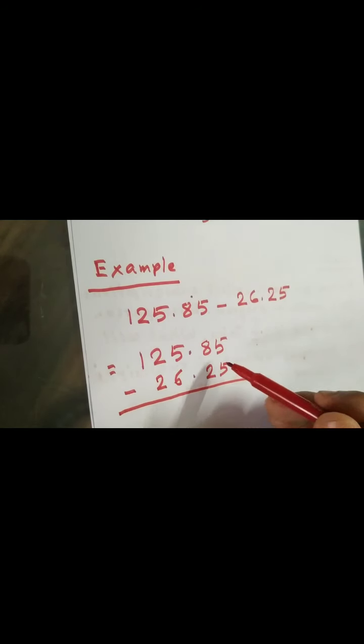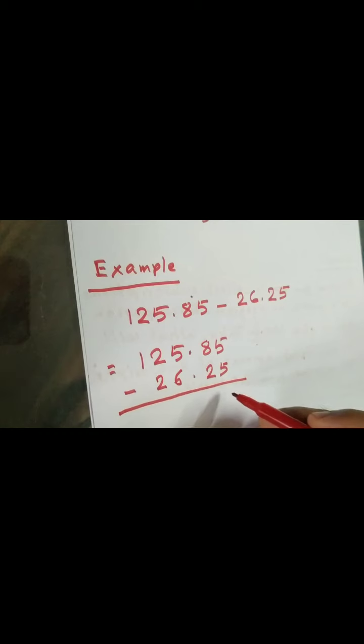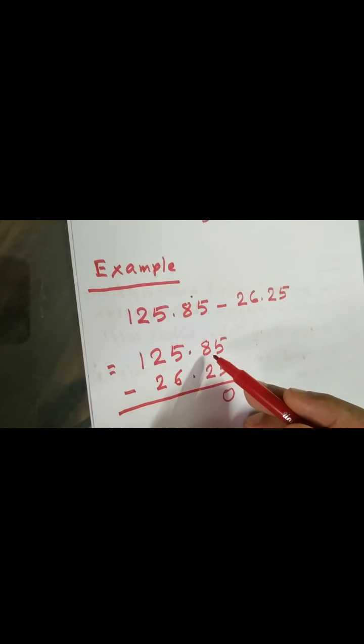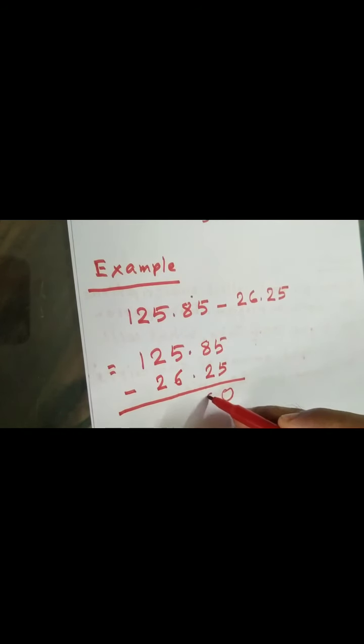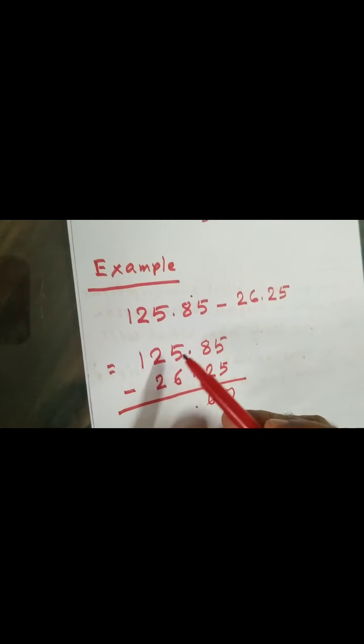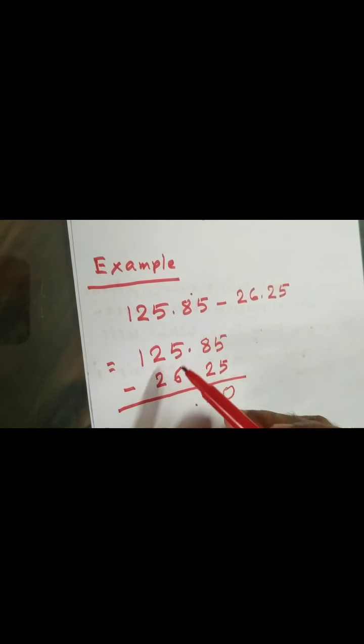Now let's subtract. 5 minus 5 gives me how much? 0. 8 minus 2 gives me how much? 6. Now can I subtract 6 from 5? No. So what do I have to do? I have to assume that it's 15.